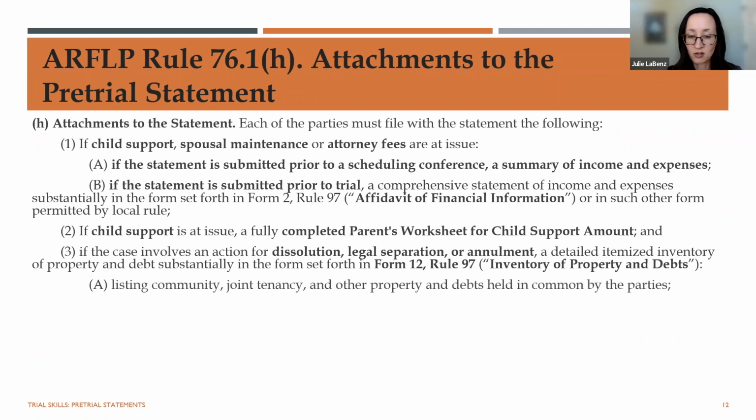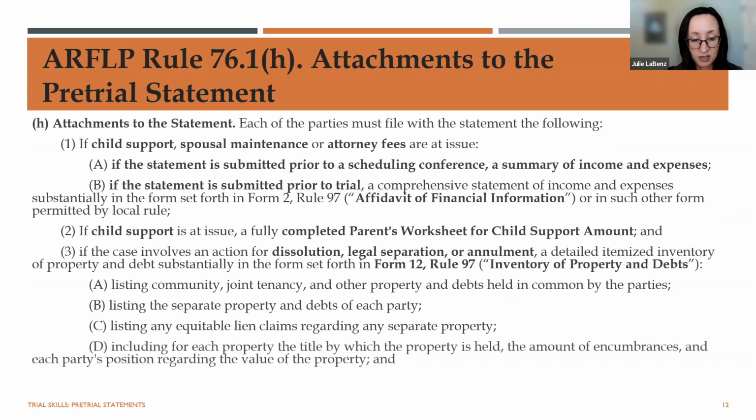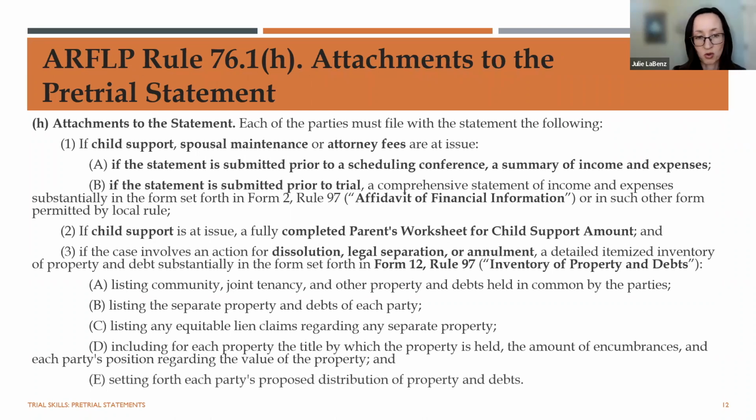The inventory of property and debts form can be found under Rule 97 of the Arizona Rules of Family Law Procedure under Form 12, or you can make up your own, and it has to have this information: all community, joint tenancy, and other property and debts held in common by the parties, listing the separate property and debts of each party, listing any equitable lien claims regarding any separate property, including for each property the title by which the property is held, the amount of encumbrances, and each party's position regarding the value of the property, and setting forth each party's proposed distribution.